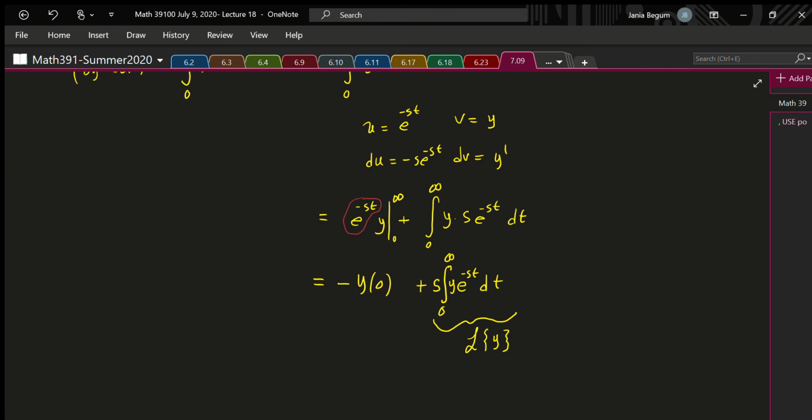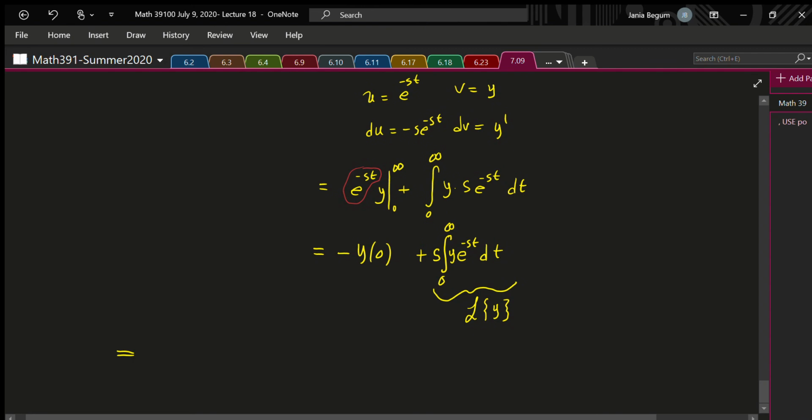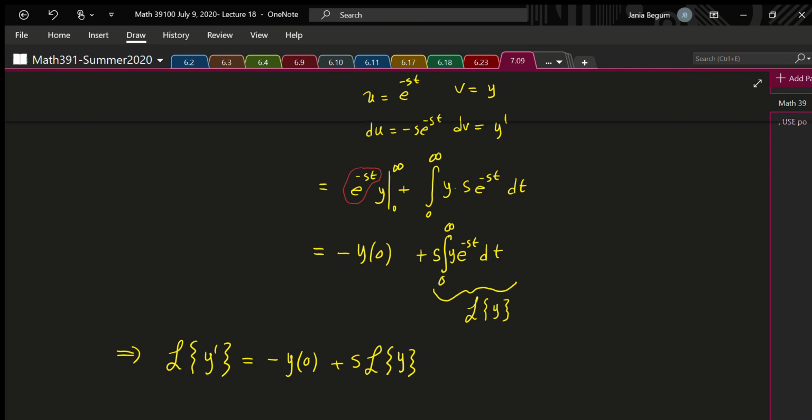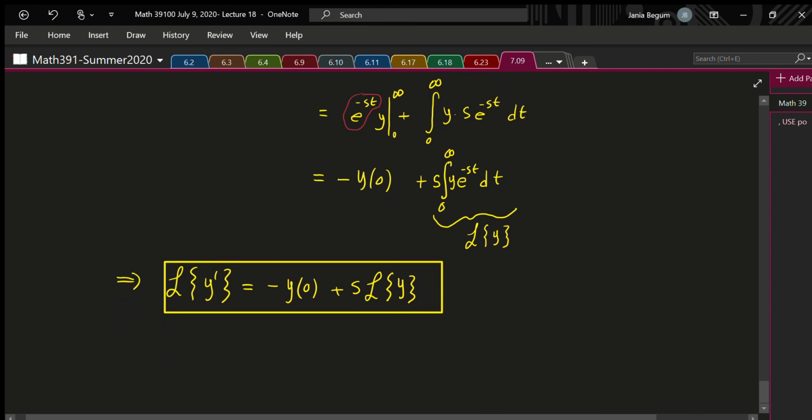Yeah, right? So what we conclude is that the Laplace transform of y prime is equal to negative y of 0 plus s times the Laplace transform of y. So this is a formula you want to remember. But I often don't remember it this way.